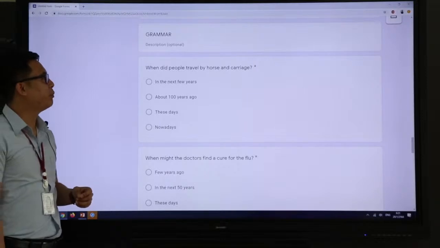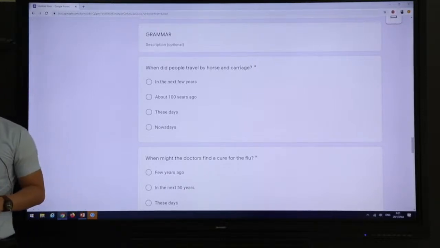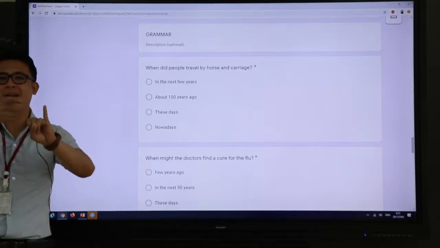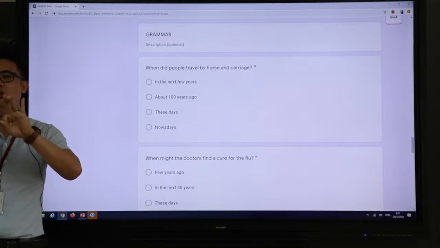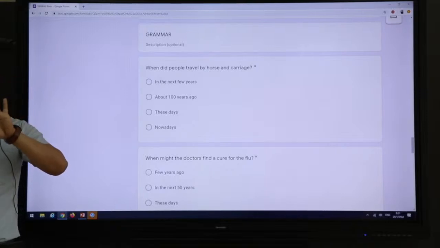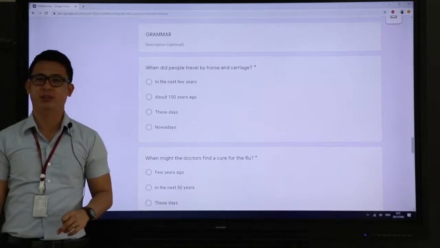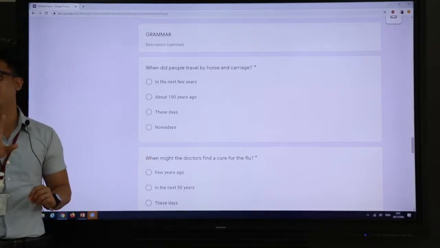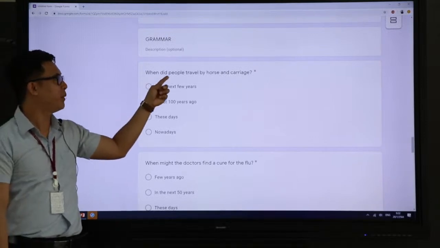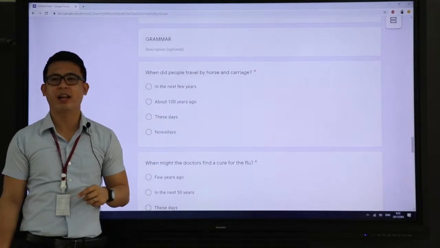When did people travel by horse and carriage? Take note. I want you to identify whether the question is about the past, present, or future, so that you can give the correct answer. For example, I will give you this one as a bonus. Number 1. When did people travel by horse and carriage?